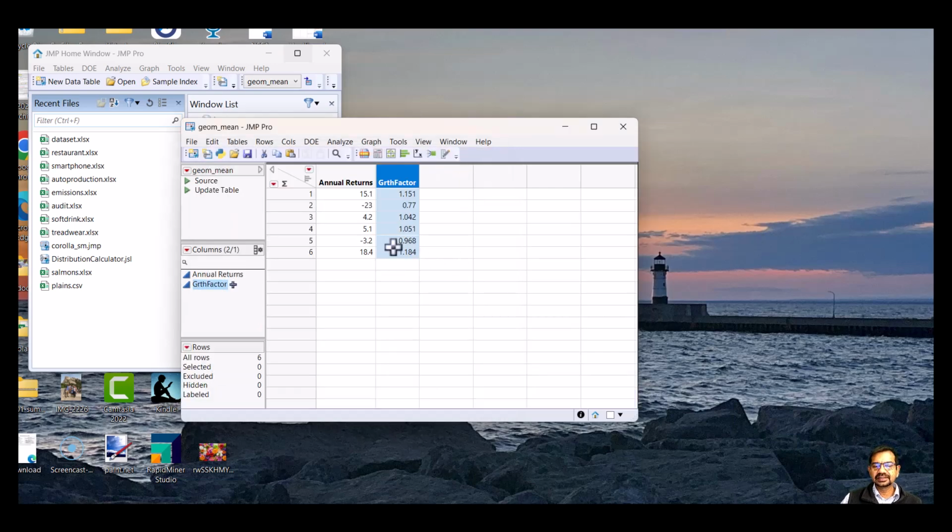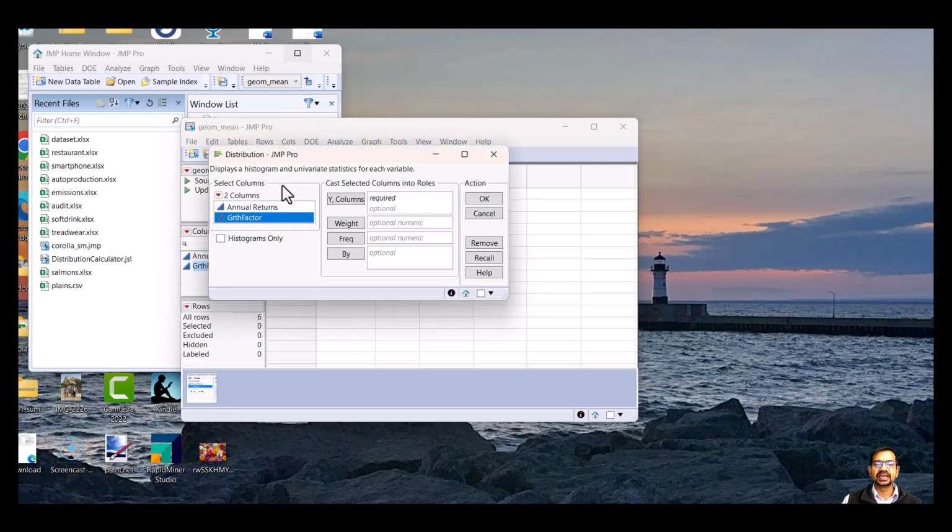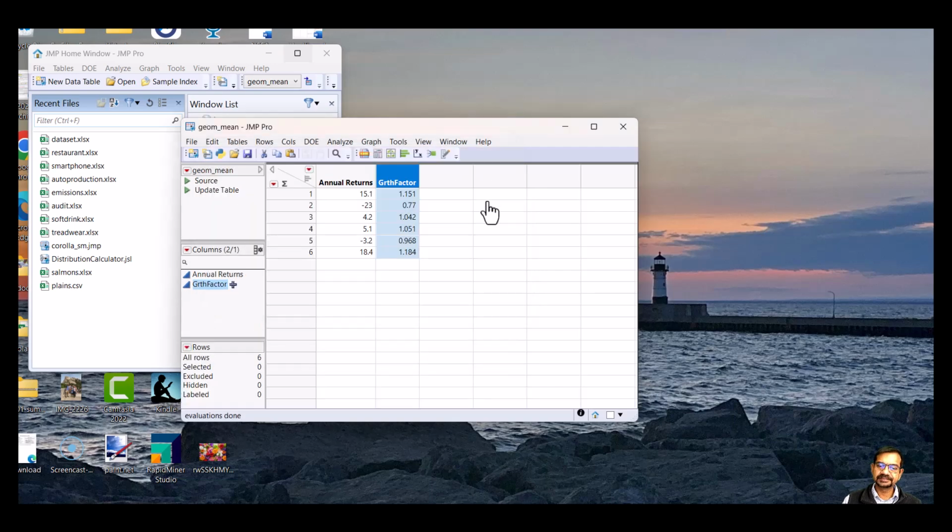So this is again telling us the growth in terms of where it was last period. So for an increase of 15%, the growth factor is 1.151. For a decrease of 23%, the growth factor is 0.77. Now we need to get the geometric mean of this growth factor. So we go to analyze, distribution, and we move our growth factor to our Y column, not our annual returns.